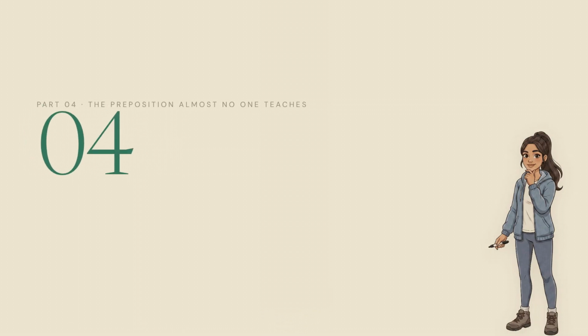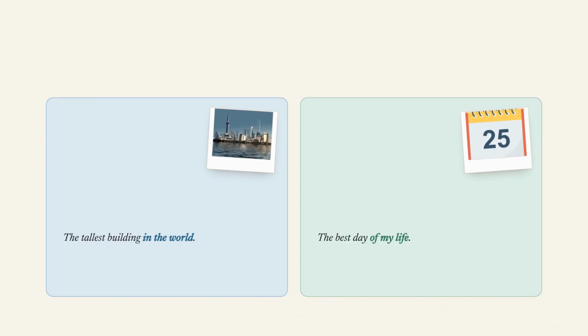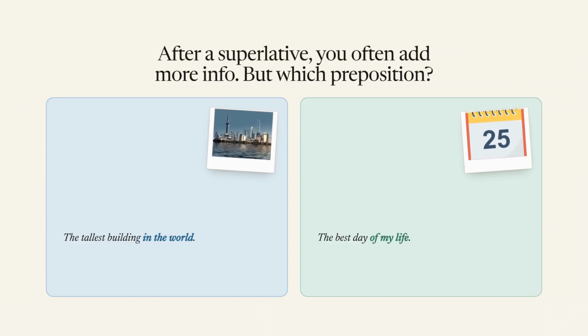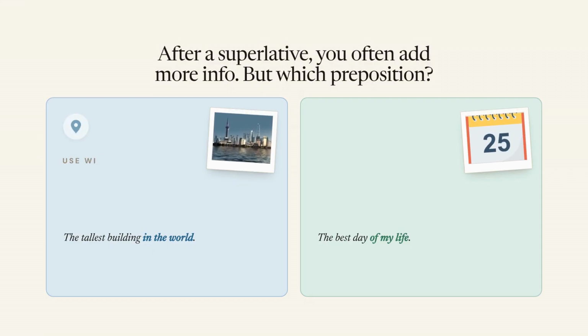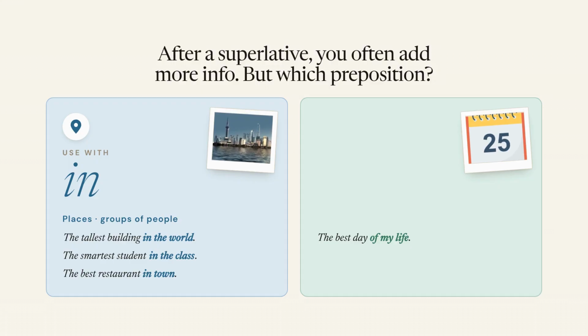Okay, here's a genuinely tricky bit that almost no one teaches clearly. After a superlative, you often add more information. The tallest building in the world, the best day of my life. How do we decide if it should be in or of? Here's the clean way to remember it. Use in for places and groups. The tallest building in the world, the smartest student in the class, the best restaurant in town.